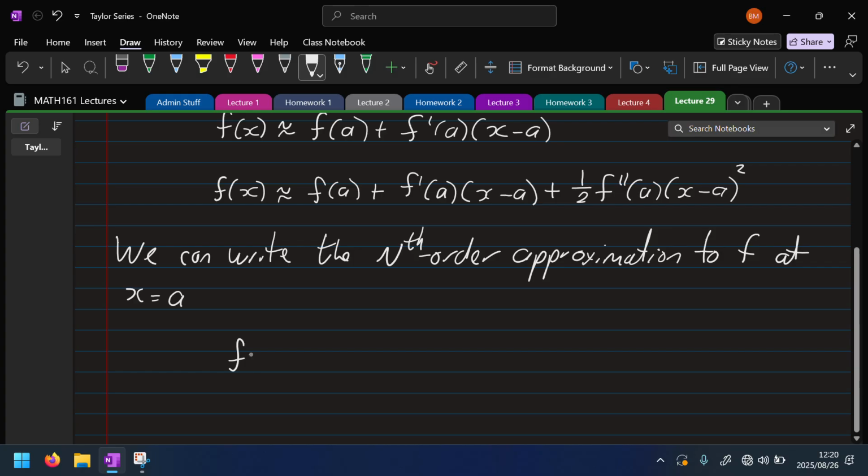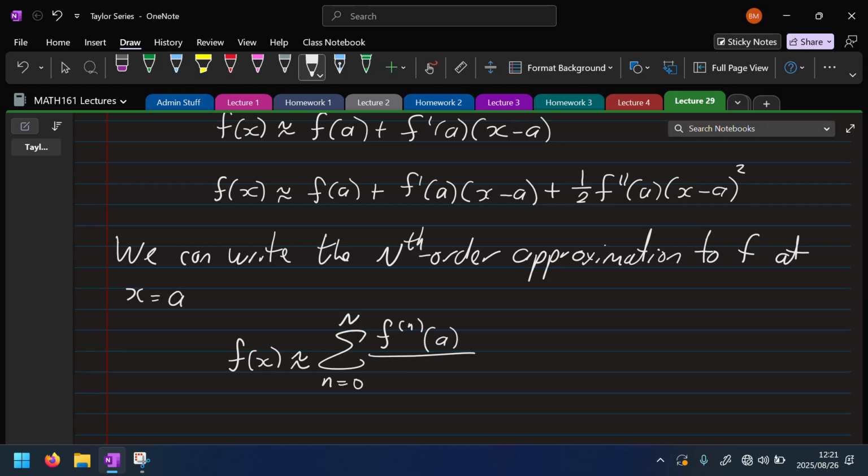We can write this as f of x is approximately the sum as n goes from 0 to capital N of the nth derivative at a over n factorial times x minus a to the n. Right, we just continue that sum. So we have first order, second order. Here we have nth order. Okay, and it's still an approximation, so we still use that squiggly equal to sign.